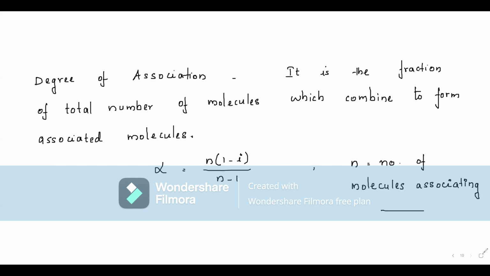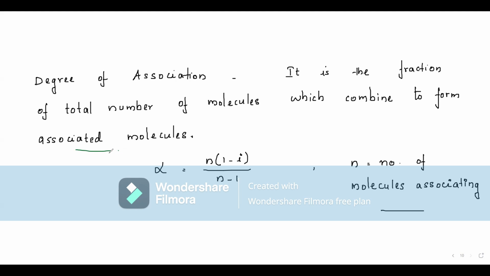Then degree of association. Degree of association is the fraction of total number of molecules which combine with each other to form associated molecules. Same thing. Out of that 100 moles of whatever, say, acetic acid that you have taken, it's not compulsory for all those molecules or all 100 moles to join together and exist as associated molecules, right?